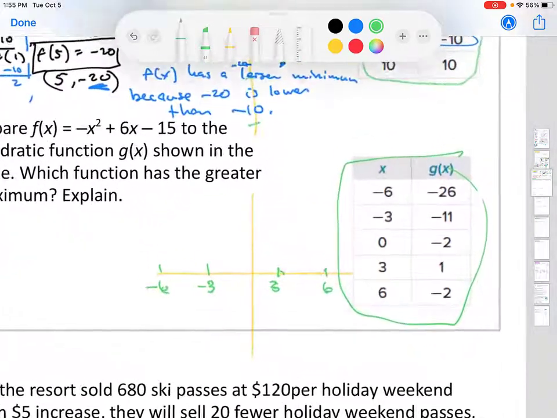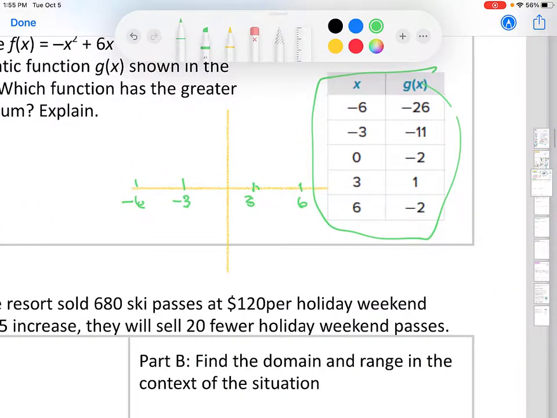Okay, then the lowest point is negative 26, so counting by maybe 5s. Negative 5, negative 10, negative 15, negative 20, negative 25. Does that make sense? And let's go ahead and graph this.